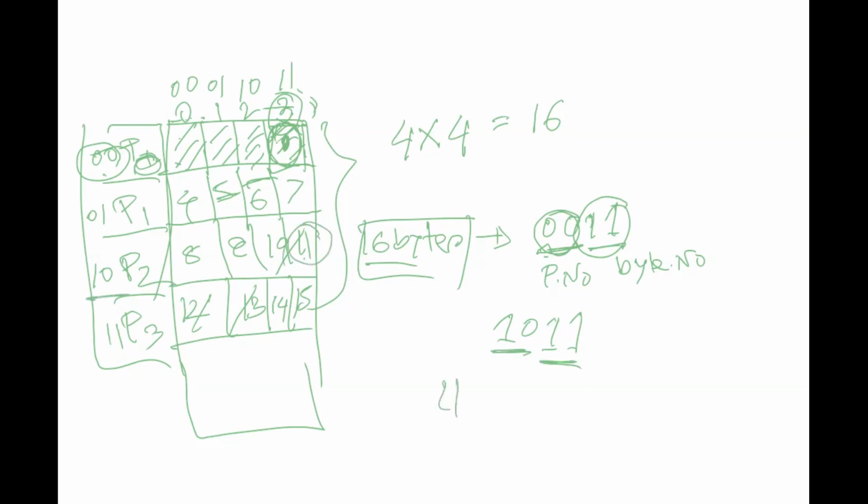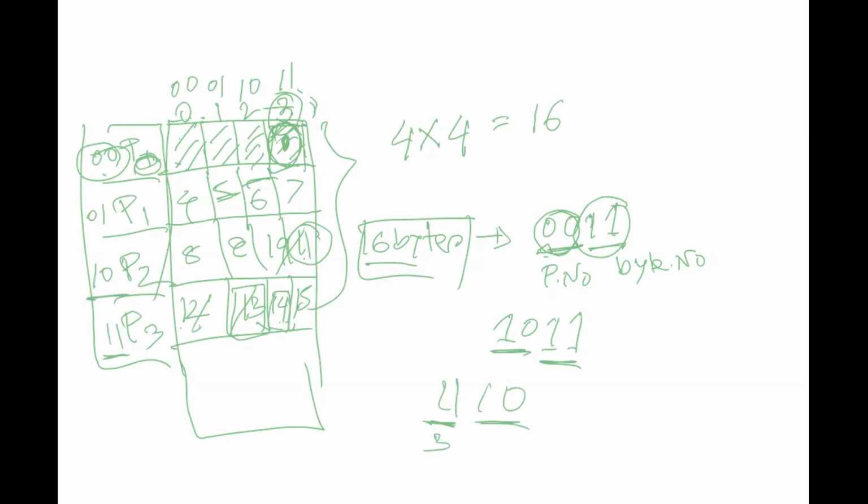Also, if it is 1110, it means process number 3: the first 2 bits represent process 3, and the last 2 bits represent byte number 2. This is 01, this is 2, byte number 2.